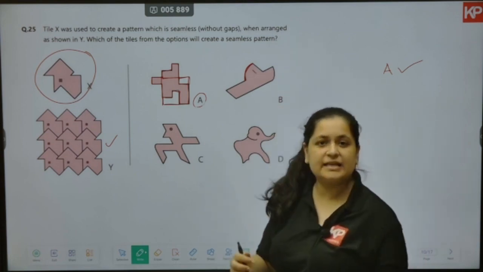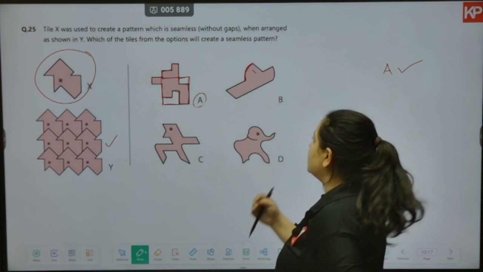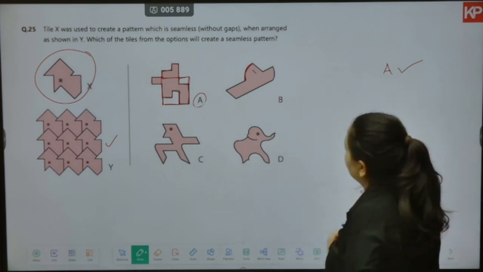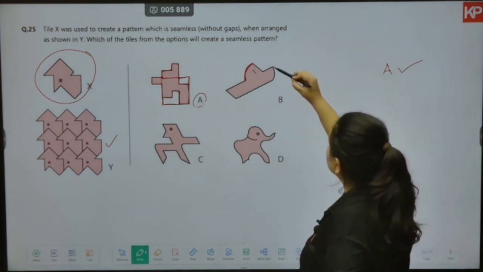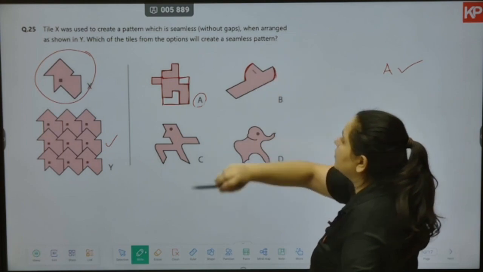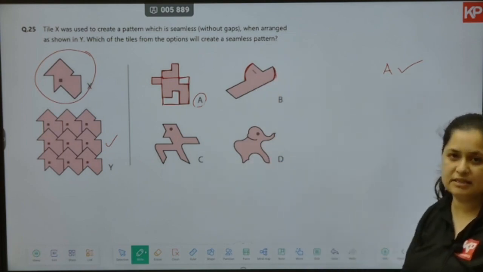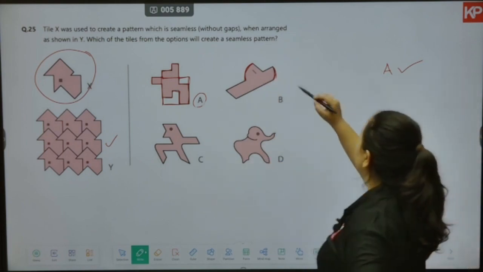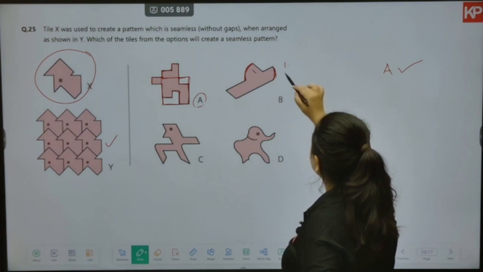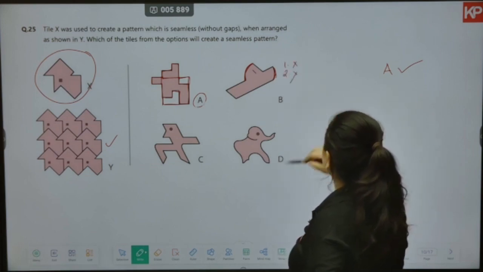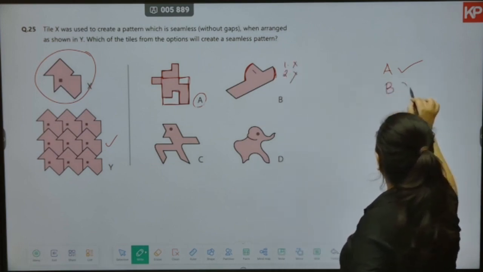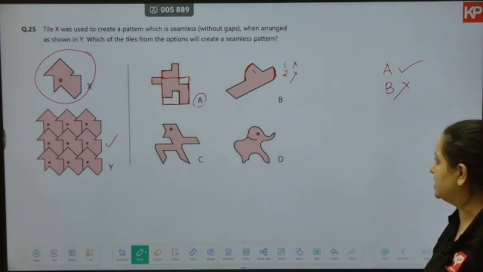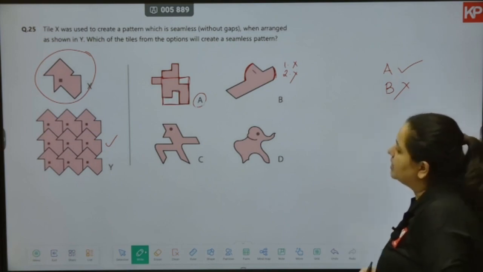So when it tries to fit with each other, it is definitely going to leave some kind of a gap. Also, towards the right we see a curve and towards the left we do not see a similar curve. So by both these means, top and bottom and left and right, it is not going to tessellate. So the shape in option number B is not going to tessellate.